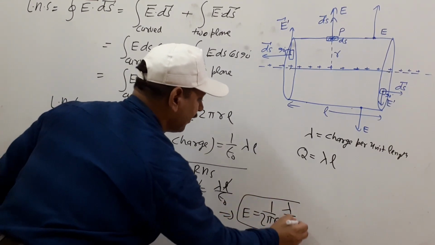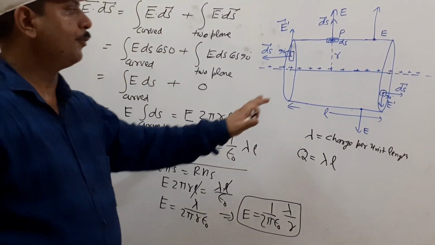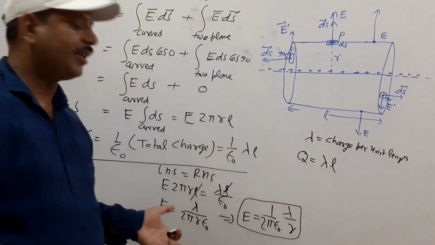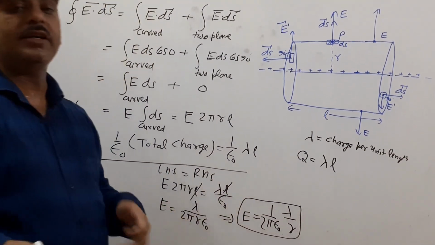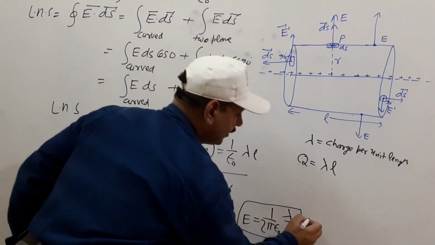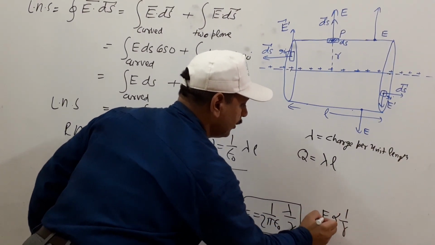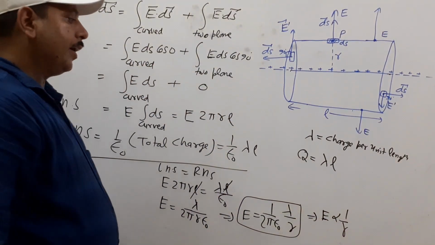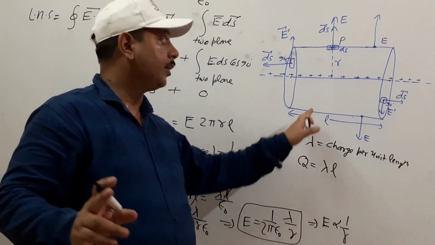Here you can see electric field intensity is directly proportional to linear charge density. If linear charge density increases, electric field intensity increases, and one thing more I have shown, E is inversely proportional to R. Electric field intensity is inversely proportional to R, not R square.